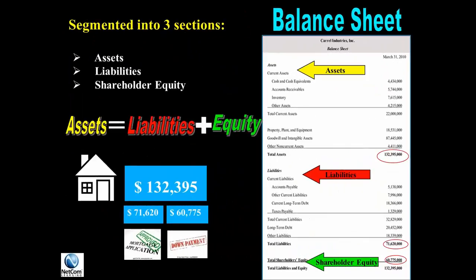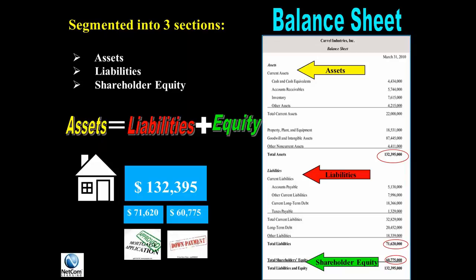Our balance sheet is segmented into three sections. Again, assets, liability, and shareholders' equity. And here, if you look at the right of the slide, we're looking at an actual balance sheet. And you can see from the items that we circled, the house is worth $132,395. Again, house, we mean the total value of the assets on the balance sheet.